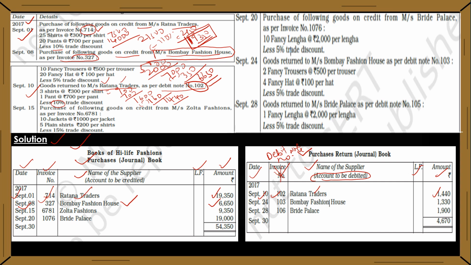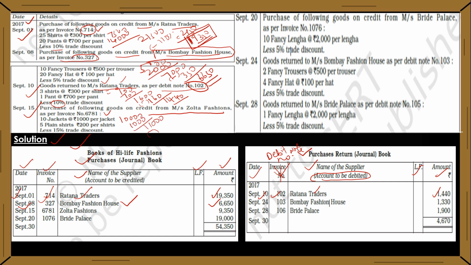Next on September 15th, purchase of goods on credit from Messrs. Zolta Fashions as per invoice number 6781. 10 jackets at 1000 per unit. 10 into 1000 is 10,000. 5 plain shirts at rupees 200 per unit. 5 into 200 is 1000. Gross amount is 11,000.